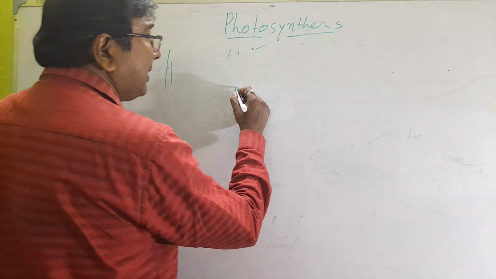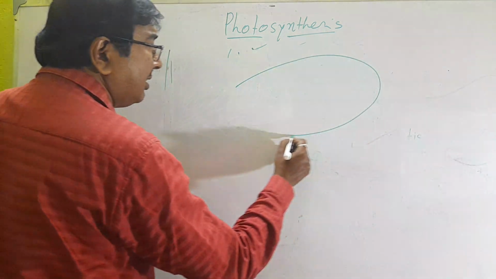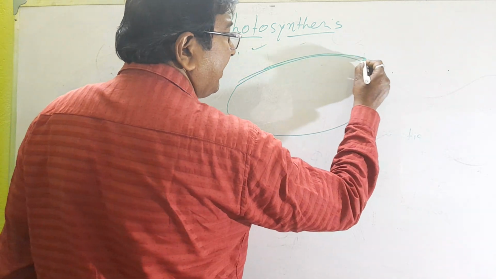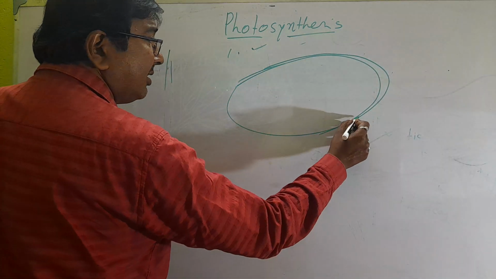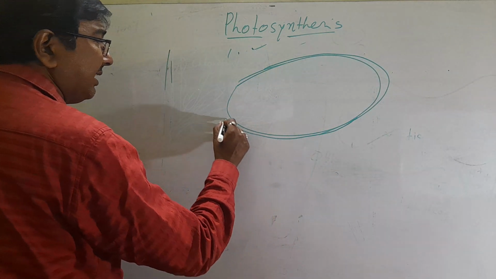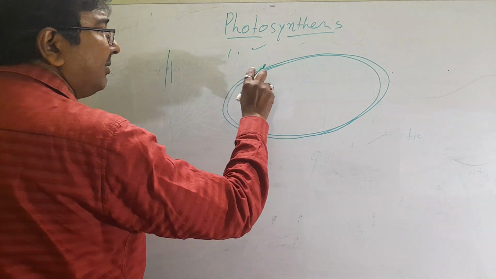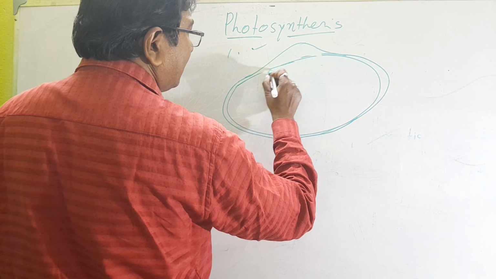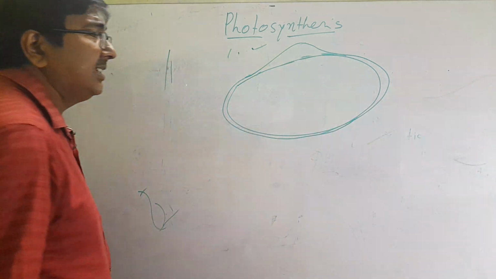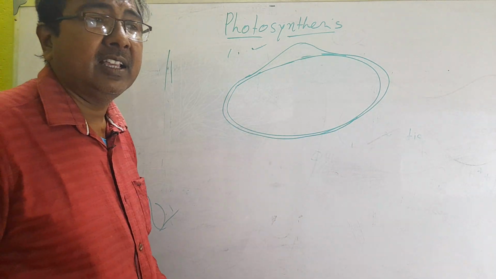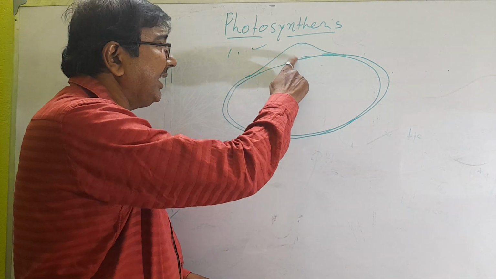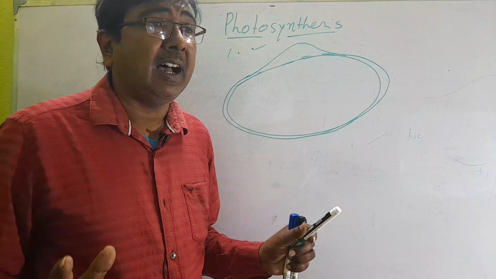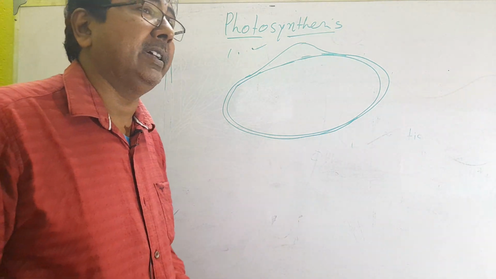When you draw the chloroplast, you must draw a double membrane, because the chloroplast is a double membrane cell organelle. Two membranes are there, and these membranes are selectively permeable.